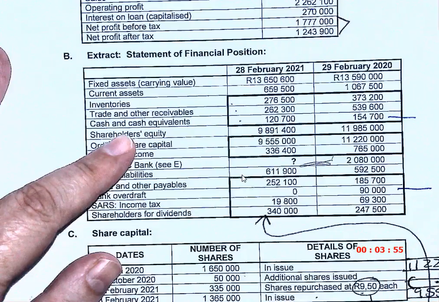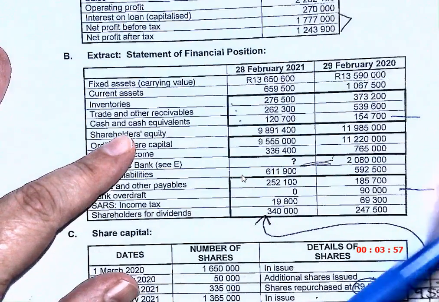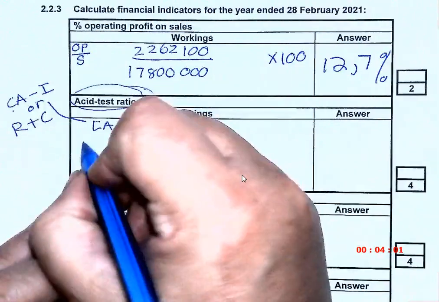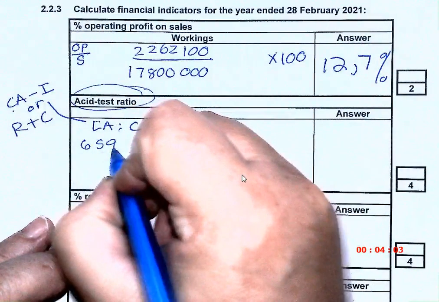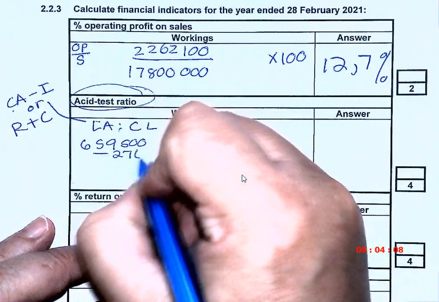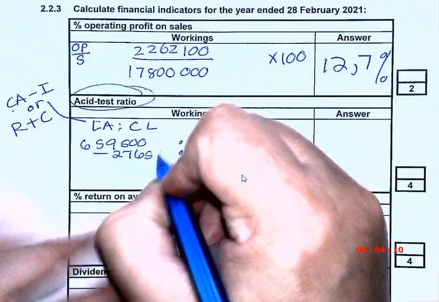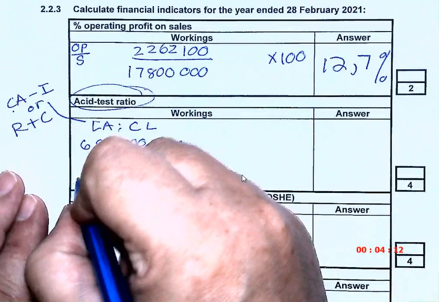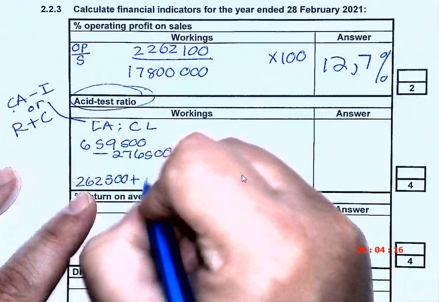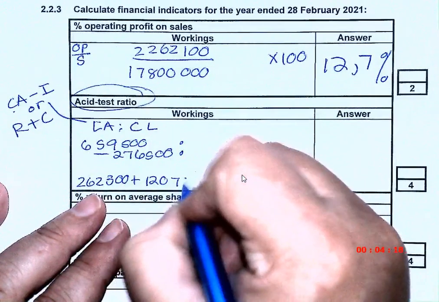So you can decide. You can either say 659,500 less 276,500, I'm going to write both for you. Or you can say 262,300 plus 120,700.